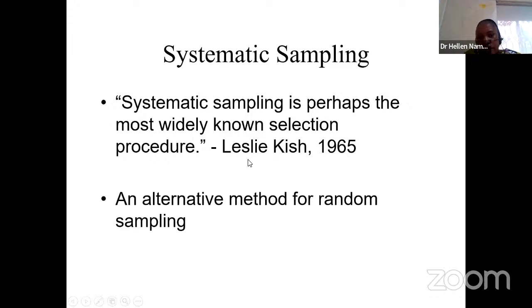From Kish in 1965, he further confirms that systematic sampling is a widely used method, and it's also another alternative to random sampling.